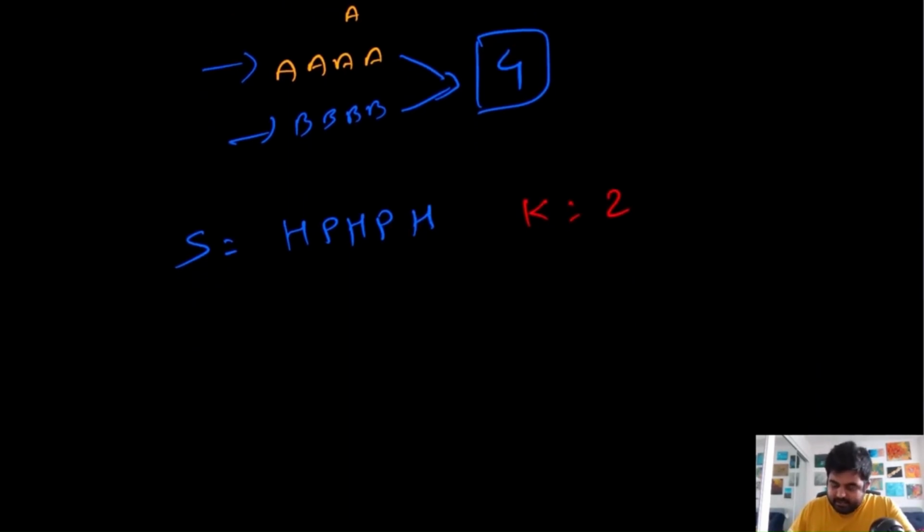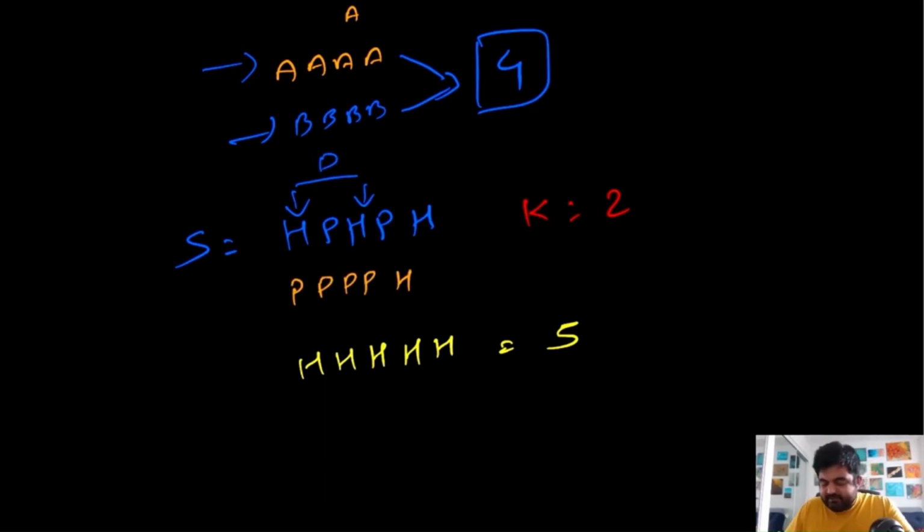If we replace these two P's with the letter H, we get HHHHH, and the longest substring with the same letter has length 5. The second option is that we choose any two H values, suppose these two, and replace them with P. Then the longest substring containing the same letter is actually 4.